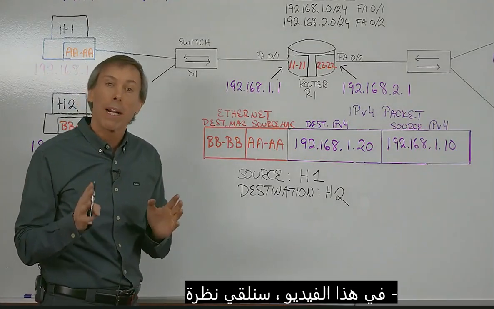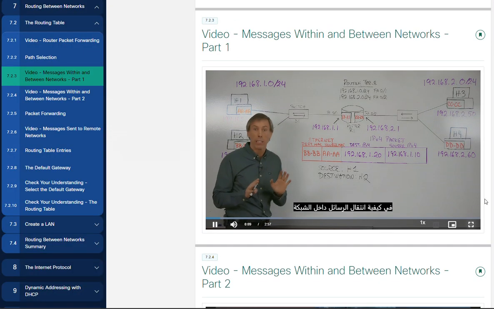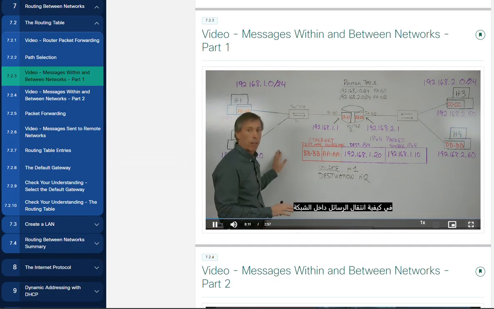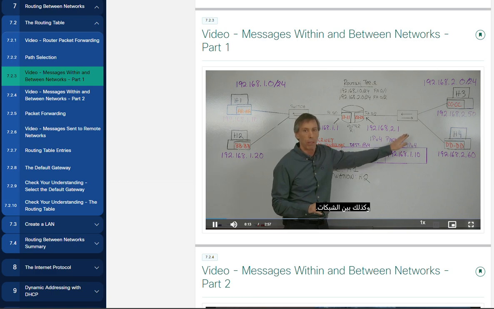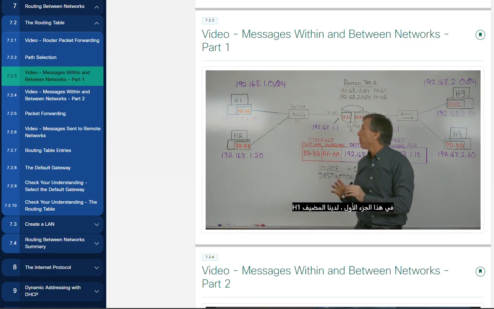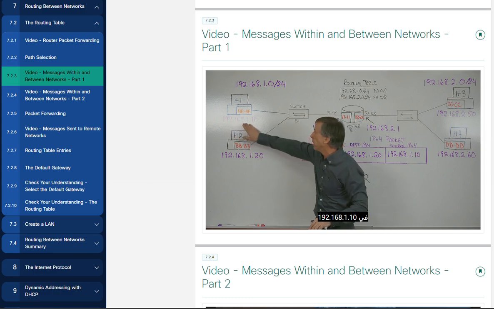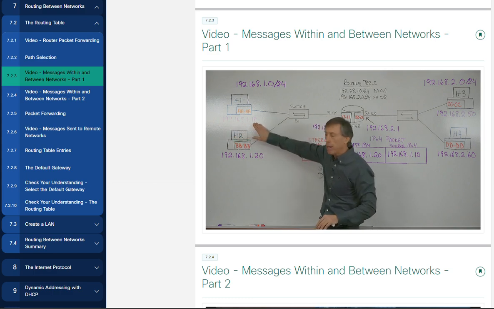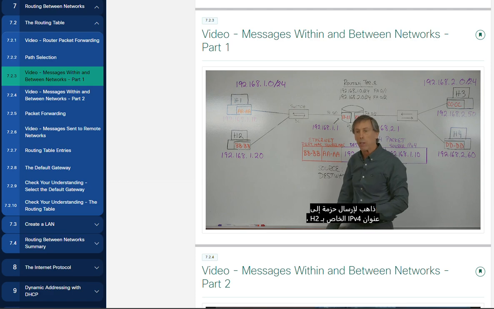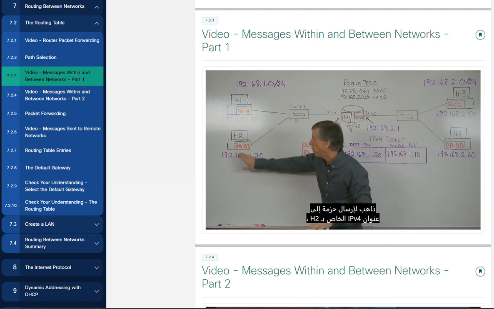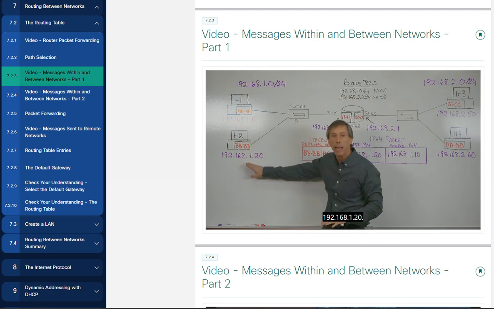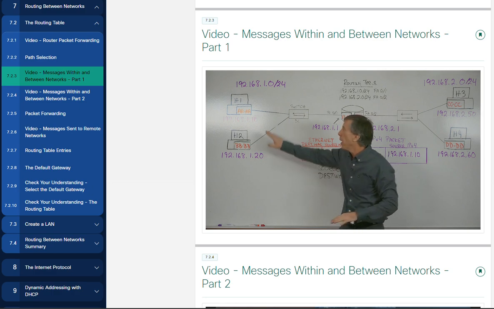In this video, we're going to take a look at how messages travel within a network and also between networks. So in this first part, we have host H1 at 192.168.1.10 going to send a packet to the IPv4 address of H2, 192.168.1.20.